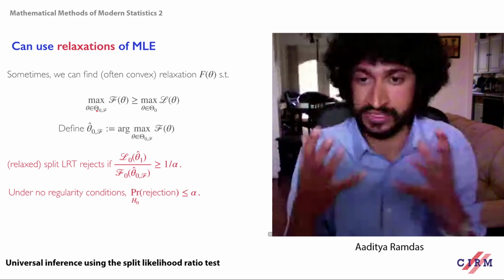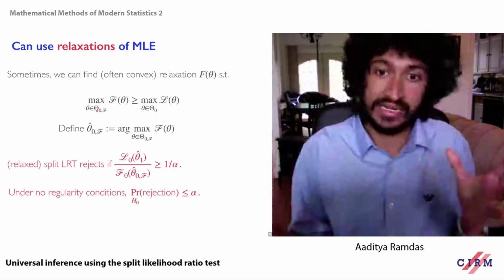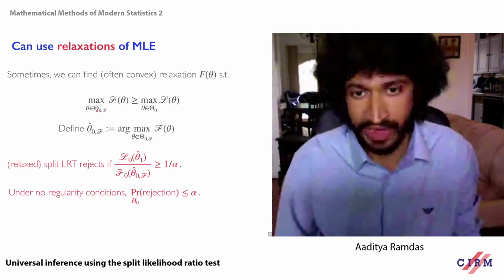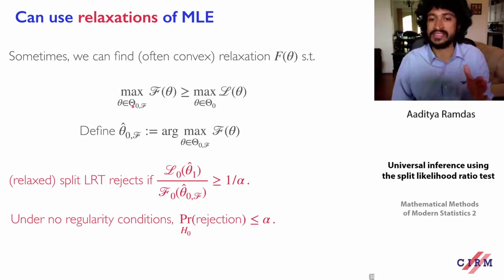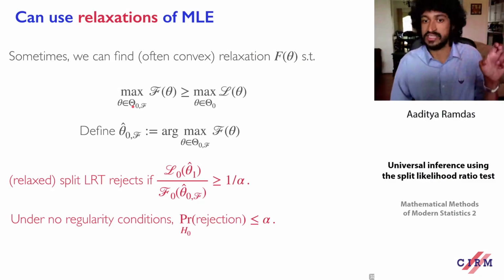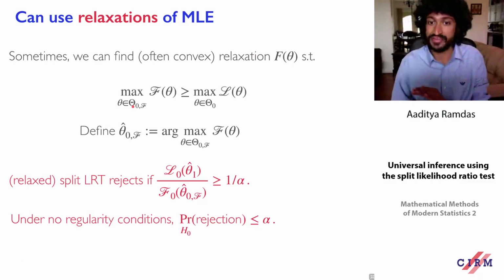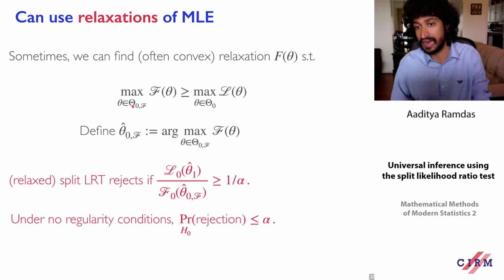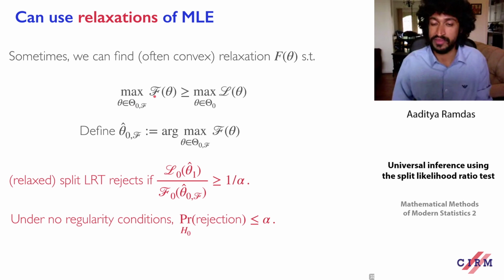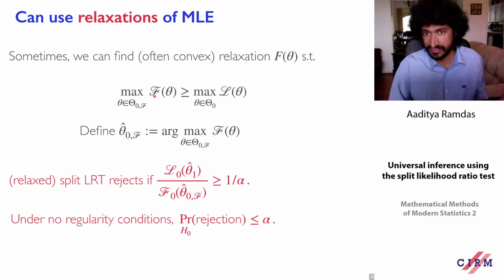You might, for example, take your null set and expand it because it has a larger domain for F. That's fine. What we need is that it's a relaxation in the sense that the maximum of F over this domain is larger than the maximum of L. So this is the likelihood using the function capital F.